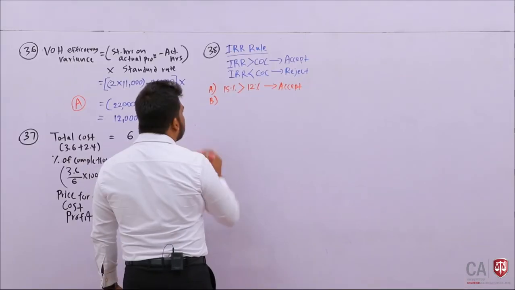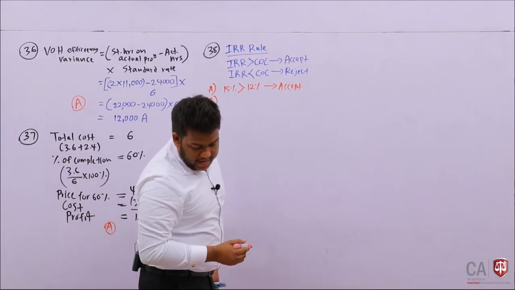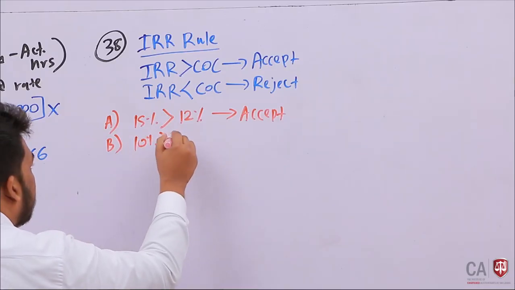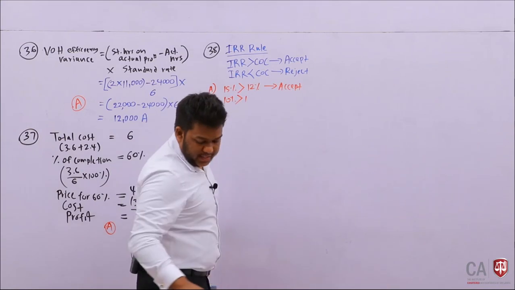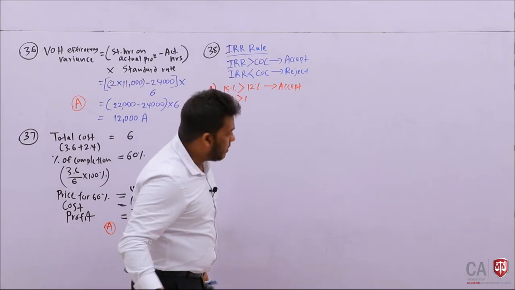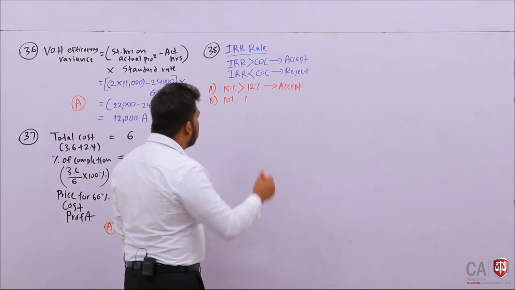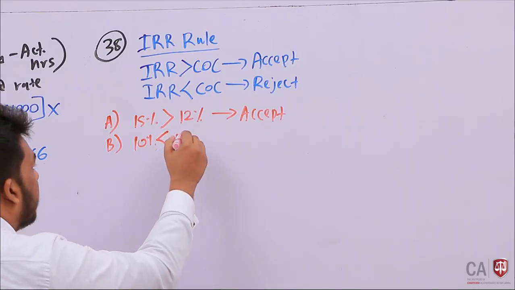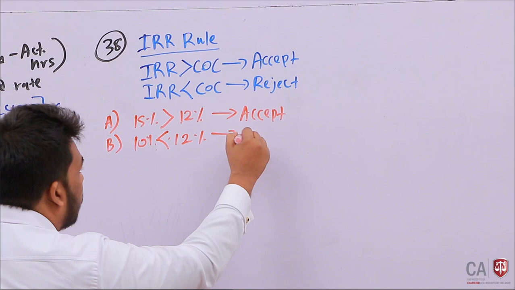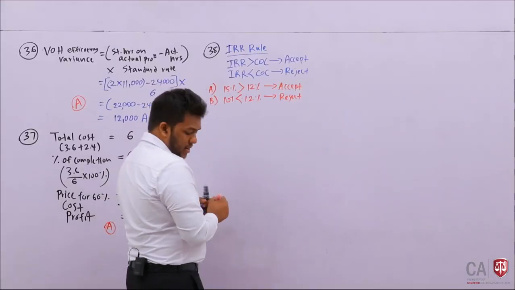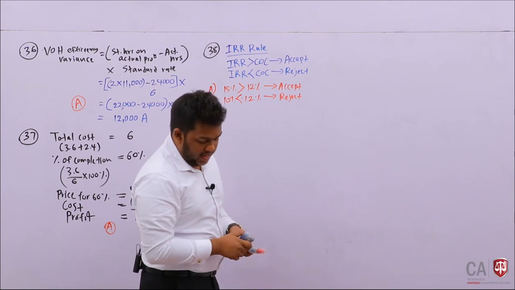Project B, IRR 10%, is lower than the cost of capital. So this is not going to be accepted. This is reject.